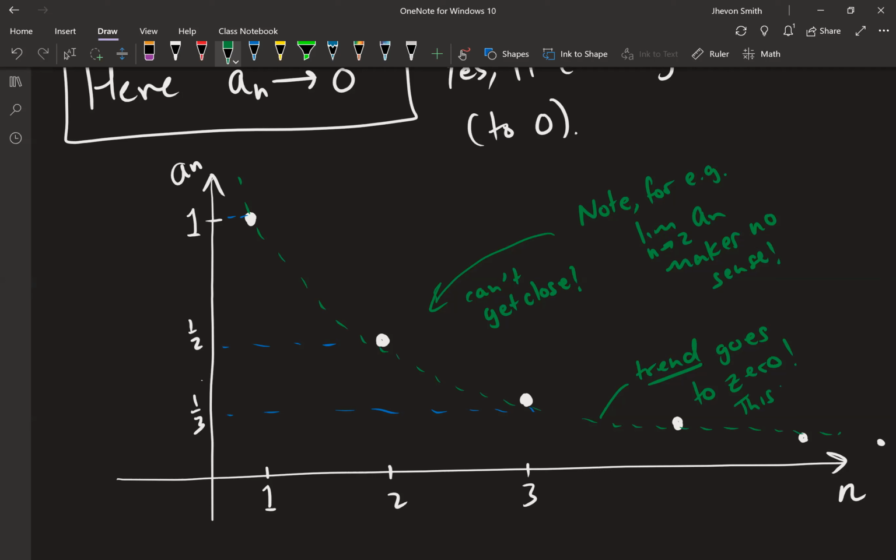This is the convergence. If you realize that it's trending somewhere, you can track that with convergence. So I can't talk about the limit at any intermediate stage, but I can talk about the limit going off to infinity. Essentially I'm talking about the trend of this sequence. How is it behaving in the long term?